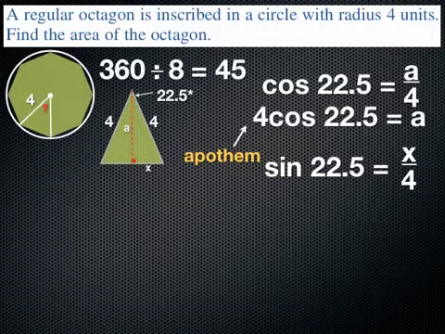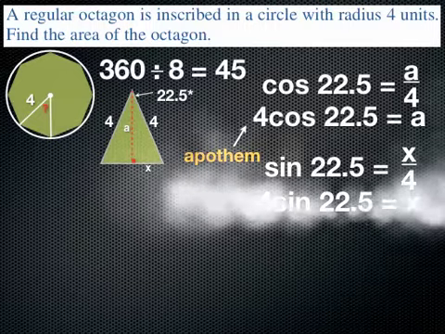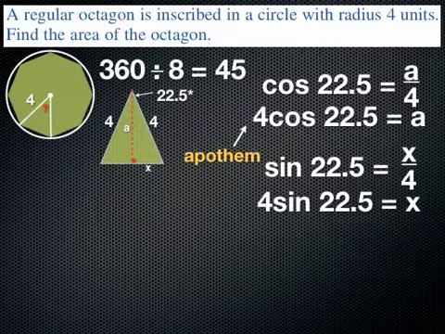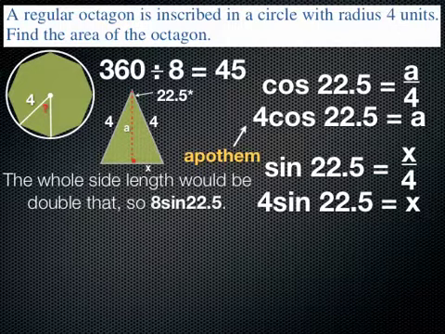I need to solve for x, so multiply by 4 on both sides. 4 times the sine of 22.5 equals x. Remember, this is only half of the side, so I need to multiply by 2 or double that, and I get 8 sine of 22.5 for my side length.